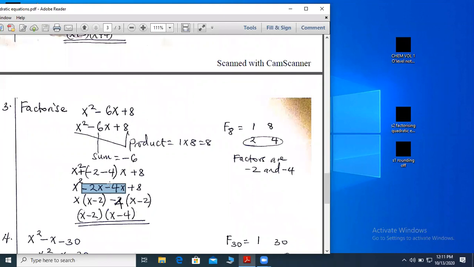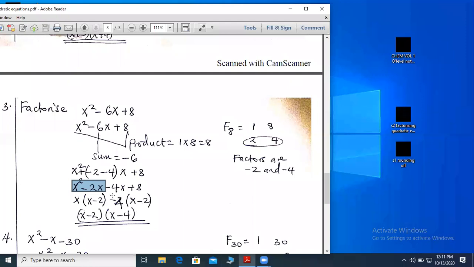So finally, I factorize. The common factor here is x. So you'll have x into x minus 2 when you factorize out x. Then here, minus 4 plus 8. The common factor is 4. So you put minus 4 outside the bracket. What you have at first should be the same as the second.